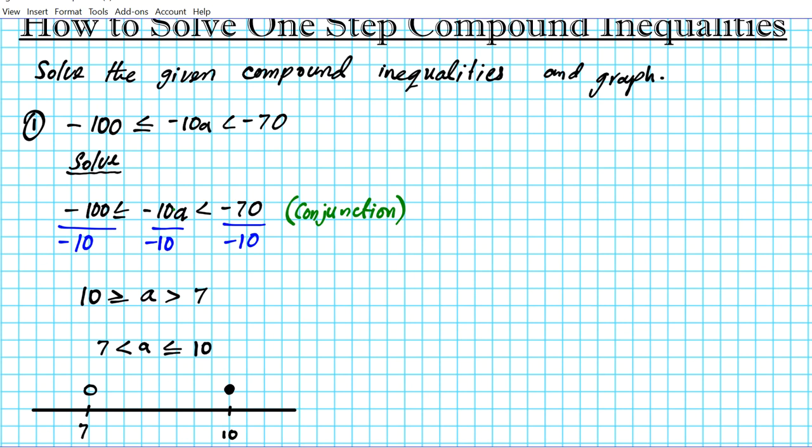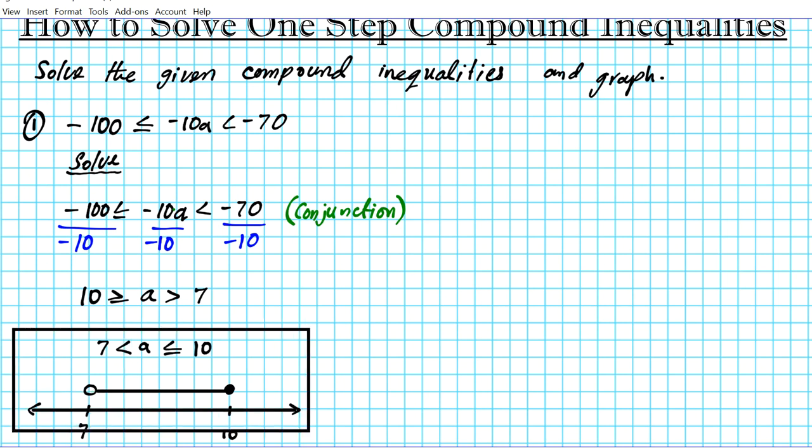So a is any number that is in between 7 and 10, including 10. For example, 9 will satisfy this inequality, and 10 will also satisfy this inequality because it falls in the solution region. So ladies and gentlemen, that is the answer to question number 1.